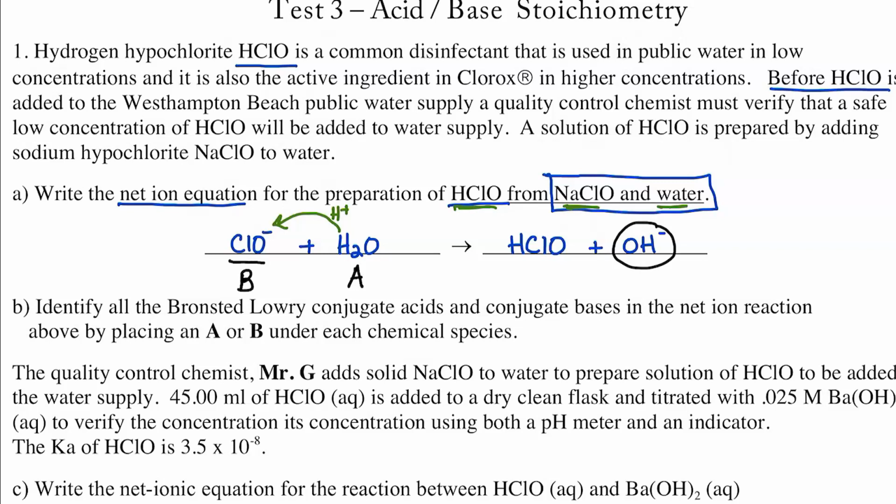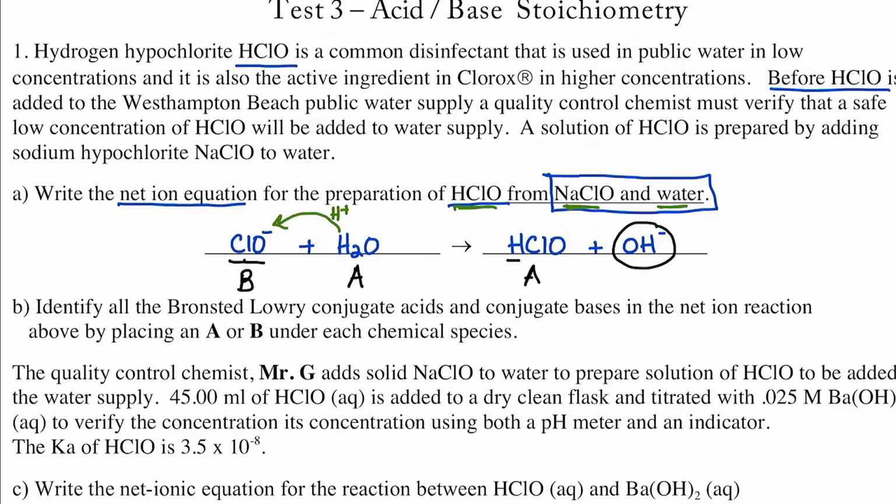Now, if you're a conjugate base on one side, you become a conjugate acid on the other, right? Because a conjugate acid has 1 more hydrogen than the conjugate base because it needs it to donate it. Conjugate base has 1 less hydrogen. Remember, the word conjugate means same chemical plus or minus a proton.